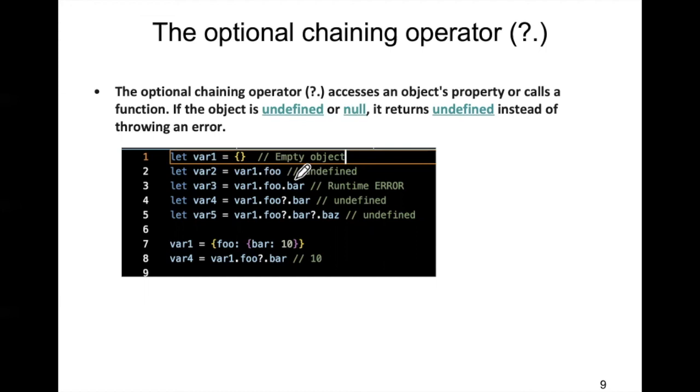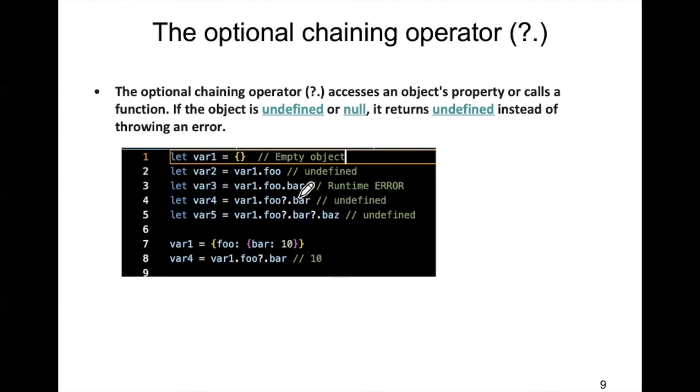Now, where this new operator, this optional chaining operator, comes in is on the next line. So I've got the exact same expression, var1.foo, but here I'm using the optional chaining before I reference bar. And the way the optional chaining operator works is if the thing to the left of the operator evaluates to undefined, then it doesn't bother trying to evaluate what's to the right of the operator.